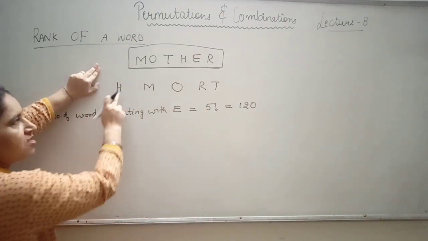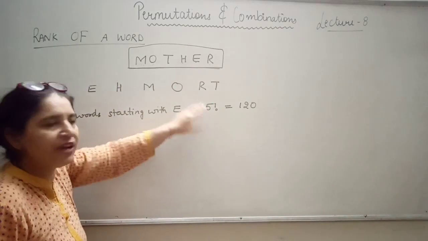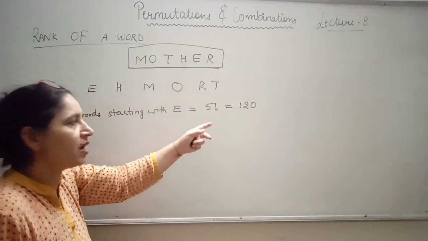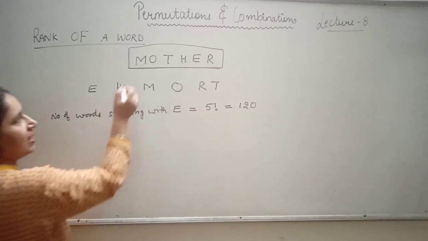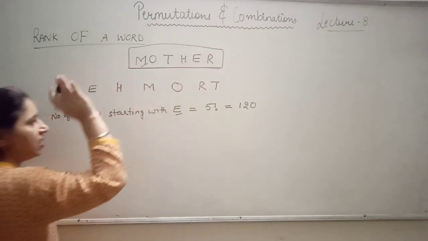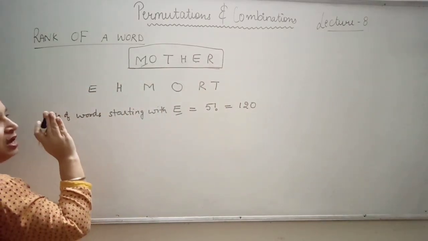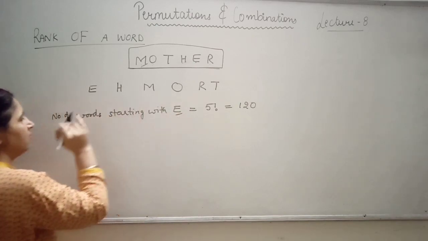There is no repetition, so that is why I have done only the permutation. What is the permutation of 5 letters? 5 factorial. Now our first letter is M, but these start with E, so that's why I have written there are 120 words which can start with E.